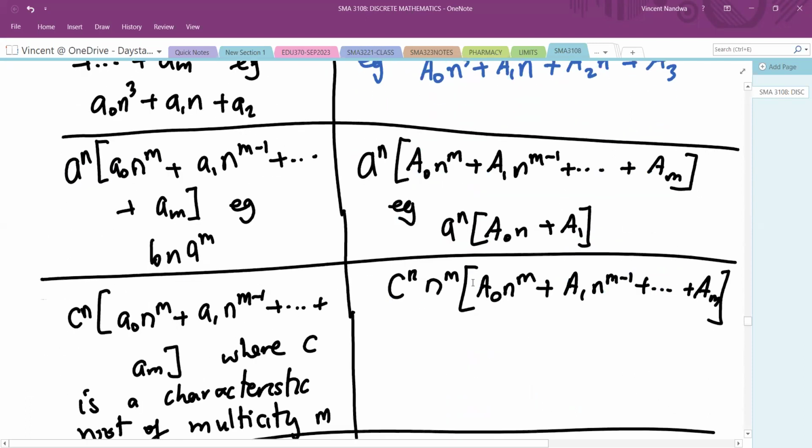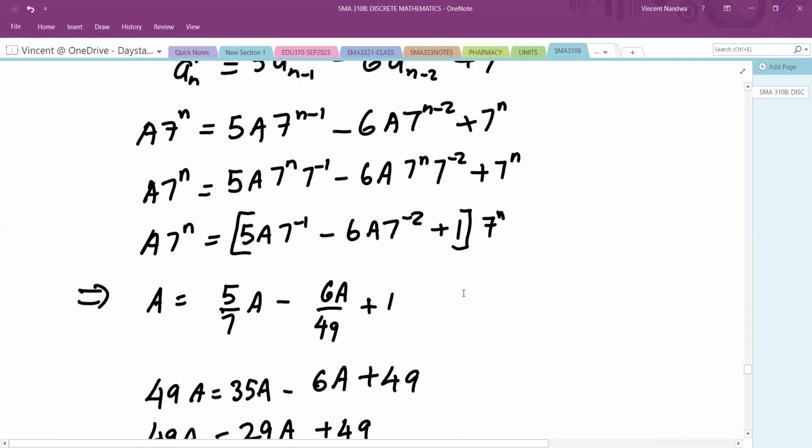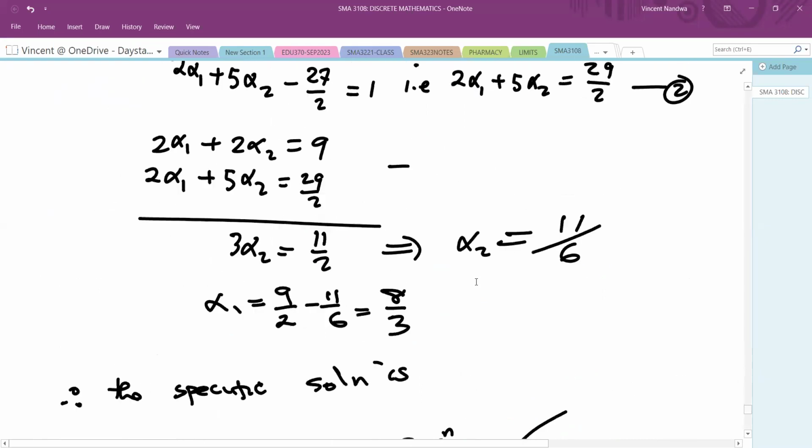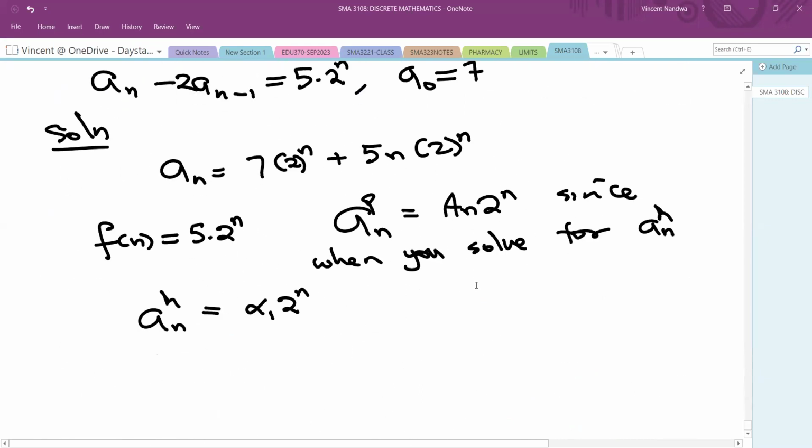But if f of n does not have a constant that is exactly the same as what we have in the form of the homogeneous solution, then you don't put this n here.